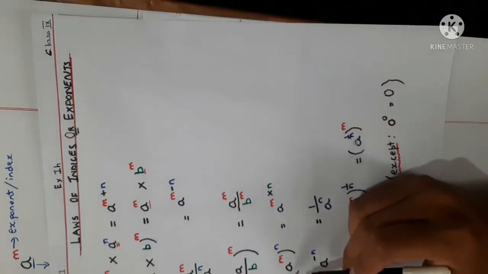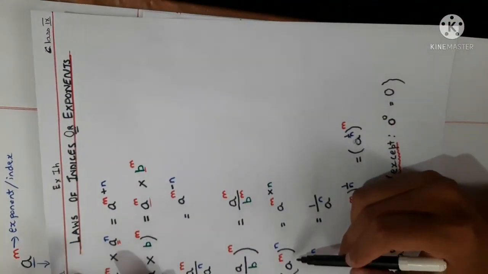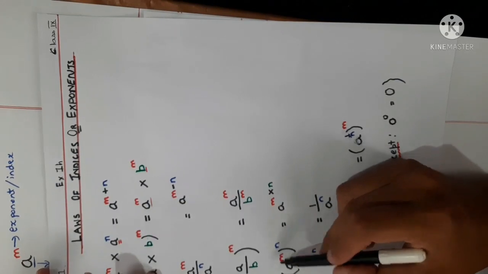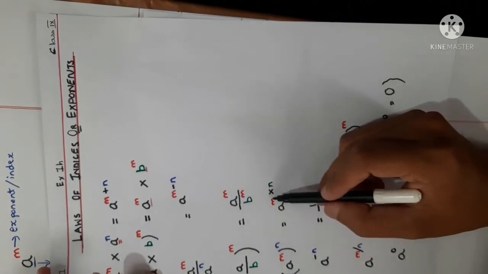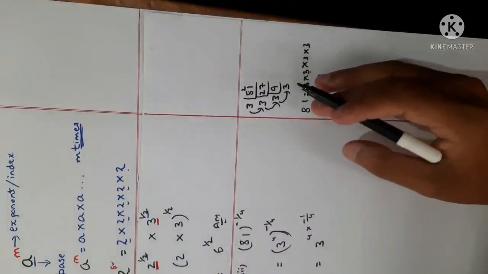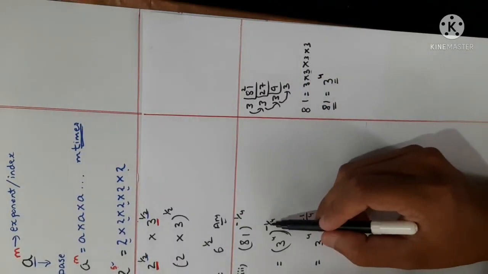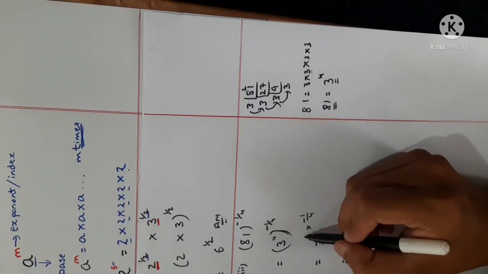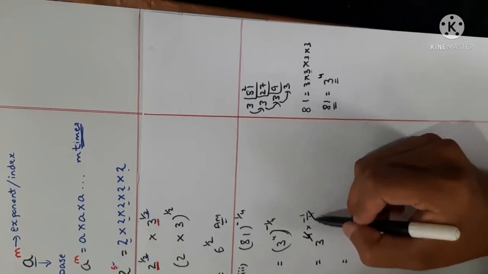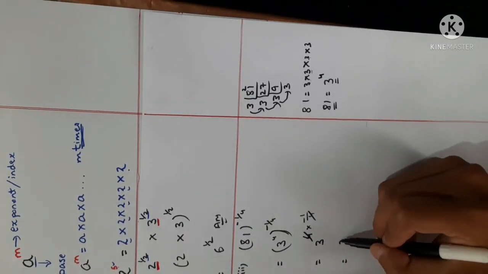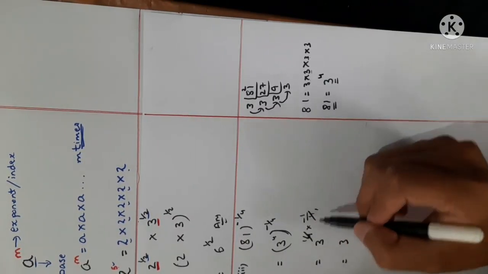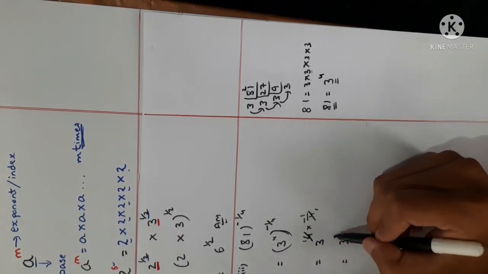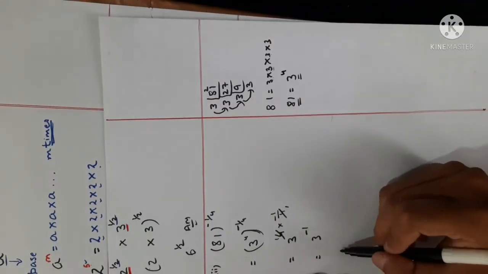Here we have used law number 5. a^m to the power n equals a^(m multiplied by n). So here m multiply n, this is 4, we cancel with the 4 in the denominator, and we got 1, so we have 1 multiply minus 1 equals minus 1, so we get 3 to the power minus 1.